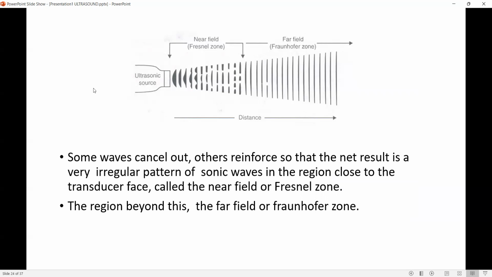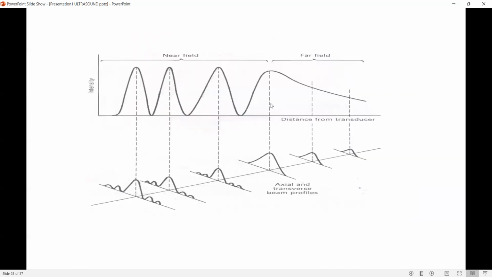This is the ultrasonic source, the Fresnel zone and the Fraunhofer zone, and this is distance. So diagram: near field intensity, far field, distance from the transducer, and axial and transverse beam profiles. Clear?